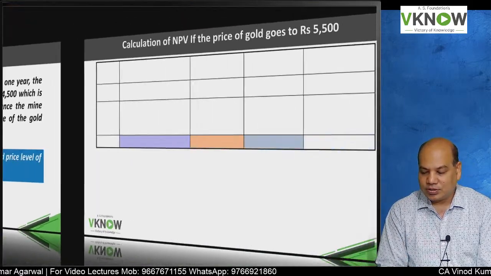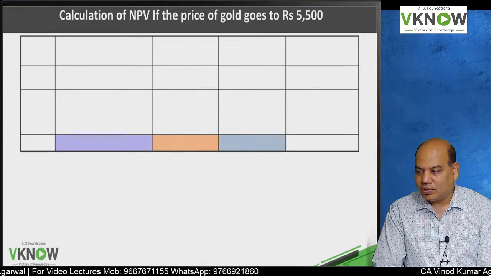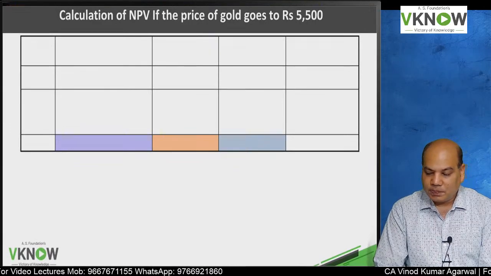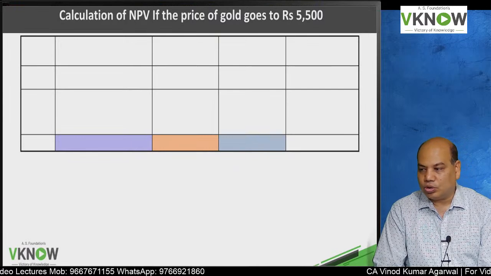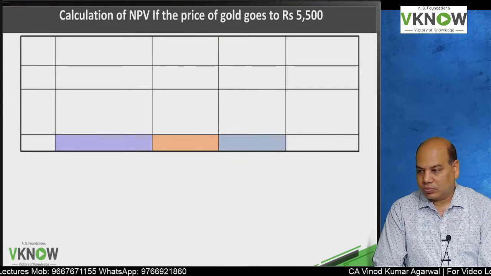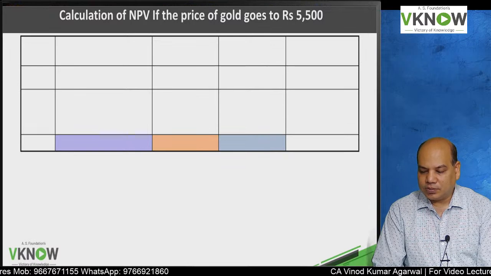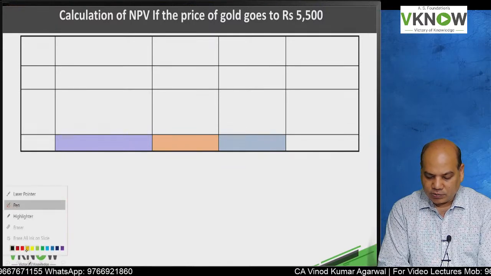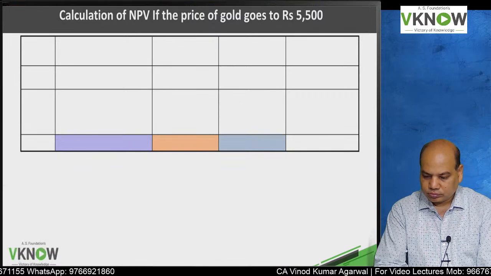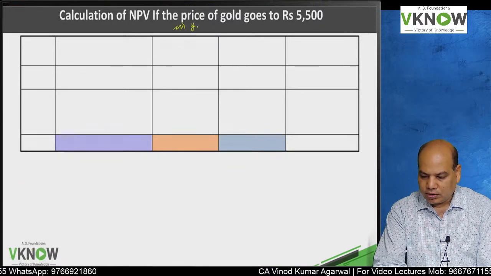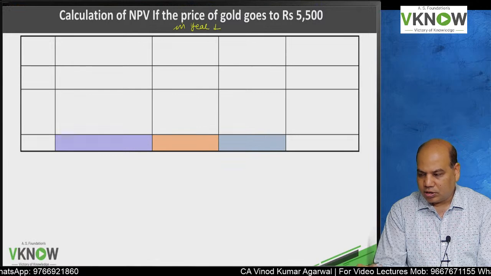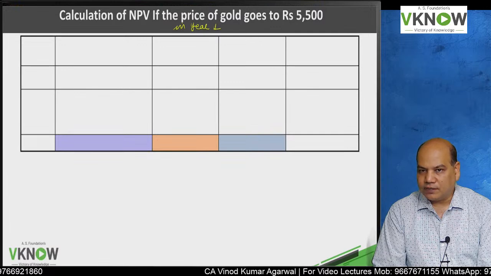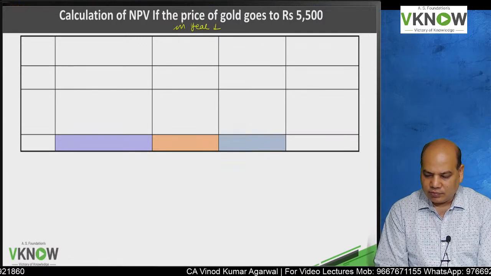So write down please, calculation of NPV if the price of the gold goes to rupees 5,500 in year 1.